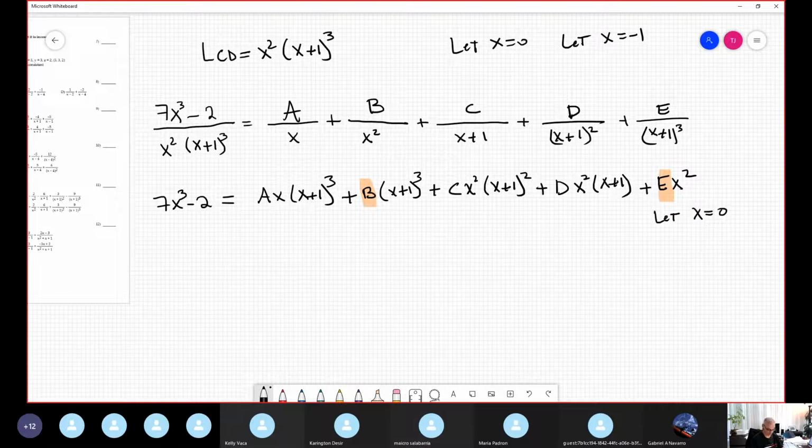For x equals 0, we have -2 here. And the rest is 0, 0, 0, and 0. And only B stays alive. 0 plus 1 cubed, no? 0 plus 1 is 1, 1 cubed is 1, entonces B is -2.